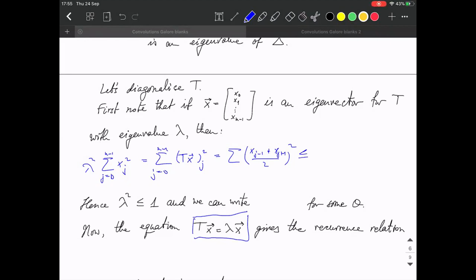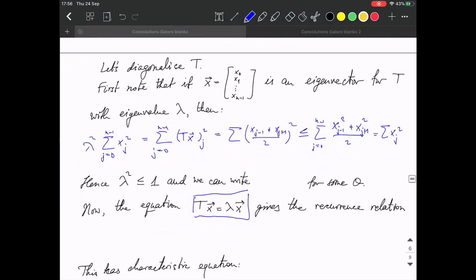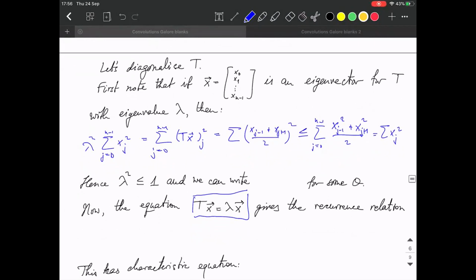Then there's an easy inequality to see that this is less than or equal to that. And again, keeping in mind that we have to read the indices modulo n, we recover this. So from this calculation, we see that lambda squared times the squared norm of x is less than or equal to the squared norm of x. So we just get that lambda squared is less than or equal to 1.